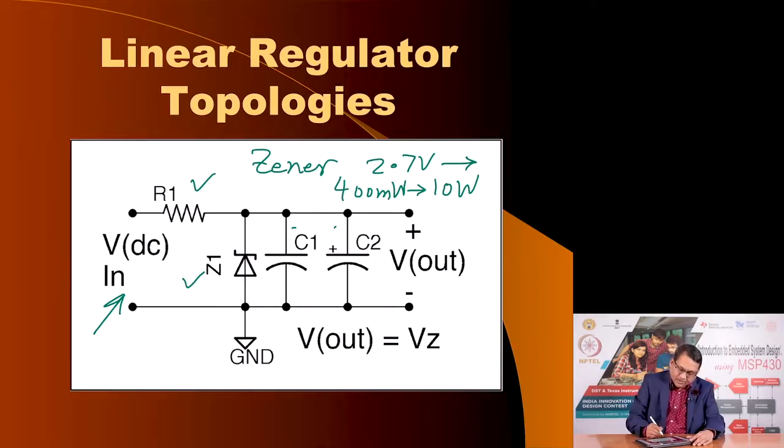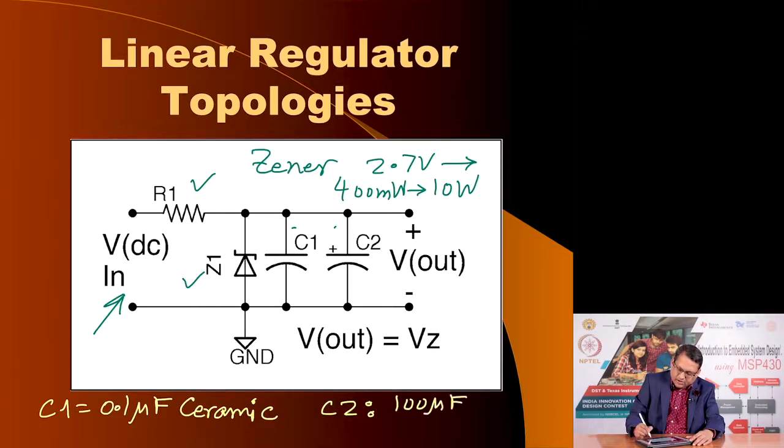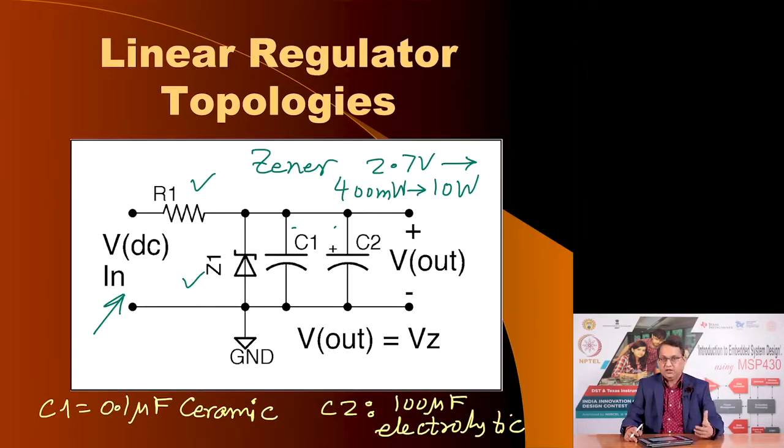Typical numbers are for C1 0.1 microfarad ceramic and C2 could be 100 microfarad of suitable voltage rating of the electrolytic type. So, this is one simple regulator.